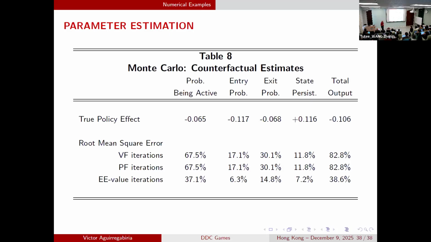We have estimated the model, and then we consider a counterfactual experiment where we increase the entry cost, and we solve our model to obtain the counterfactual choice probabilities under the counterfactual experiment.